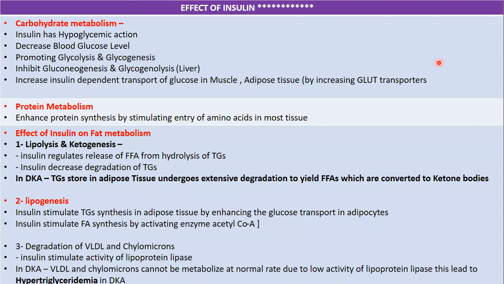Coming to the effects of insulin, here I have made a summary of whatever we have learned through pictures, diagrams, and the previous flow charts. First, the effects of insulin on carbohydrate metabolism: insulin works when there is a hyperglycemic condition, and its role is to decrease our blood glucose level, which is its hypoglycemic action.